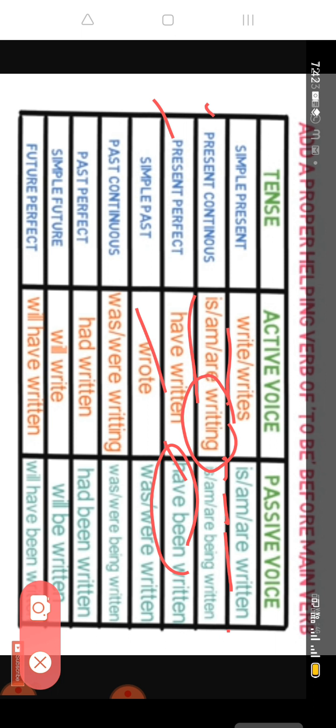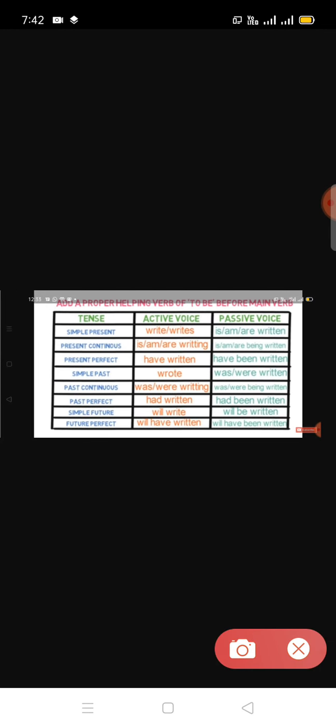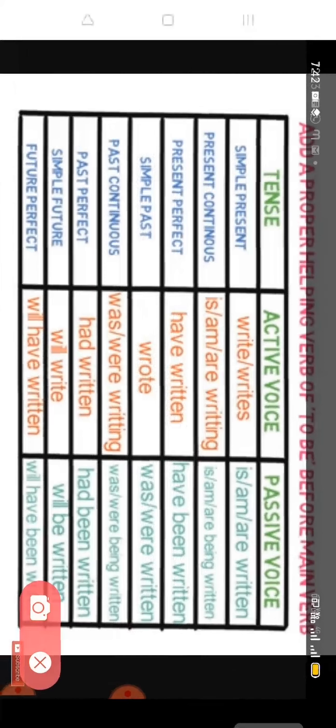And if the tense would be past continuous tense, then the verb in active voice was writing or were writing would be changed into was being written or were being written. Now in the same way, if we are changing the past perfect tense, then helping verb had written would be changed into had been written.